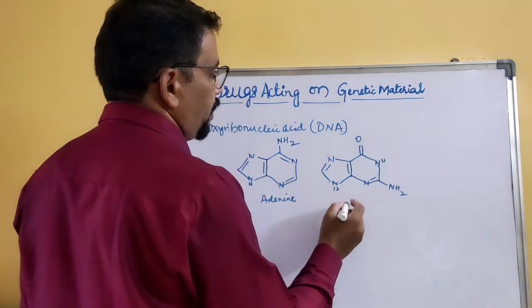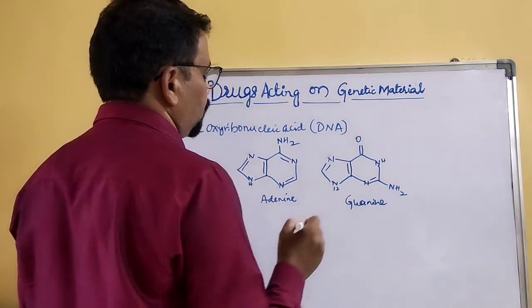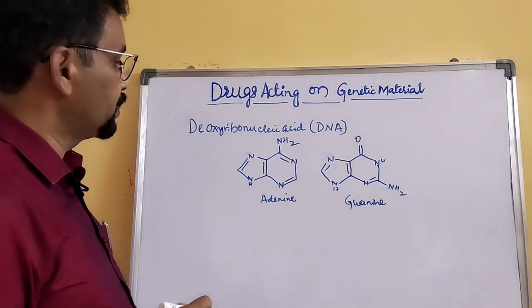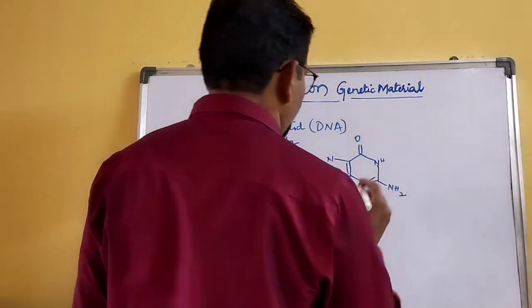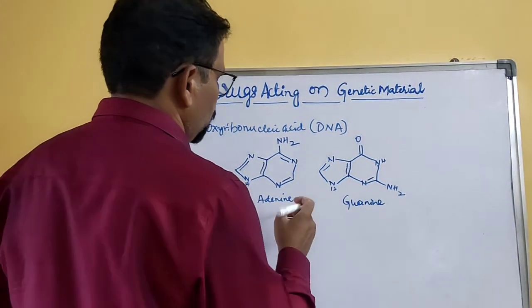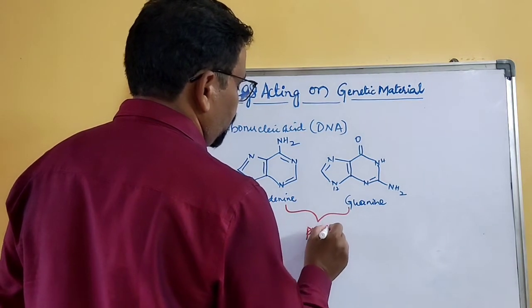So this is the guanine structure. These are the two bases which can be considered as purines. These two together are considered purine bases.